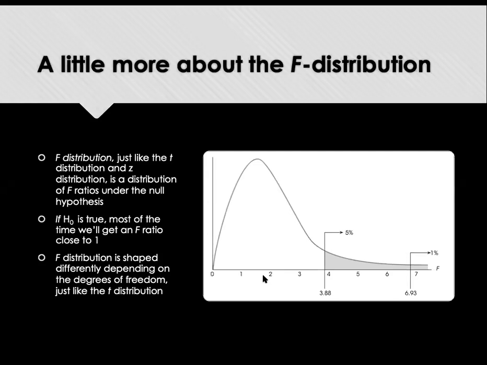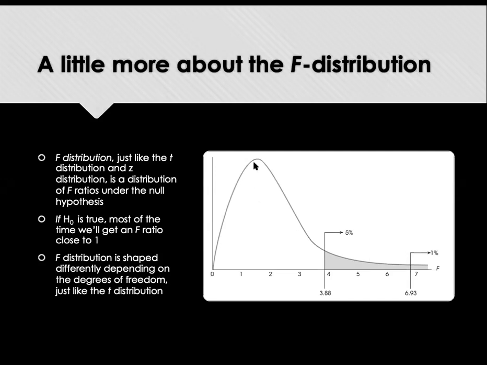This is kind of what I just talked about a minute ago, looking a little more at the F distribution. An F distribution, just like T and Z, is a distribution of F ratios under the null hypothesis. So this is like someone computing F values over and over again, and creating a distribution of what you get when you do a sample and you calculate an F value.